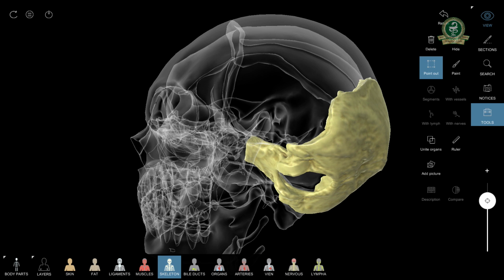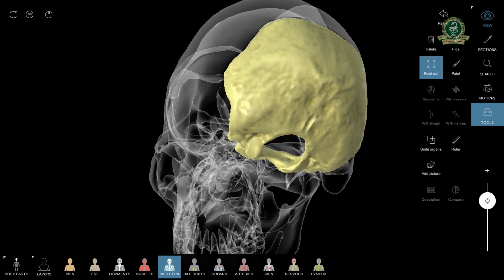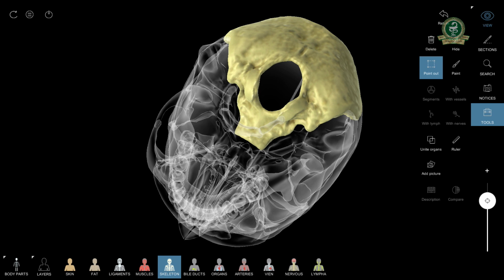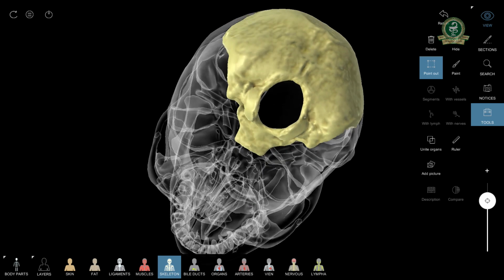And it's joining with these pedicles. Can you see the pedicles? Normally these pedicles are joining with the first cervical vertebra, the atlas.